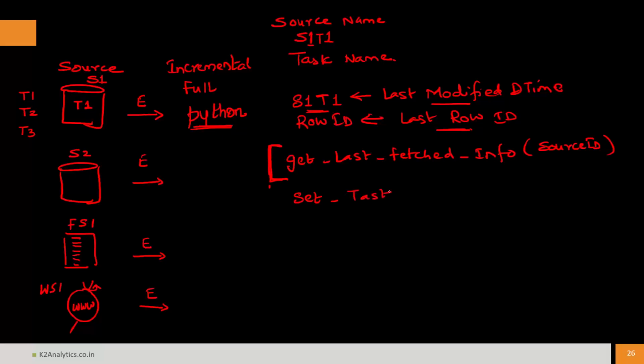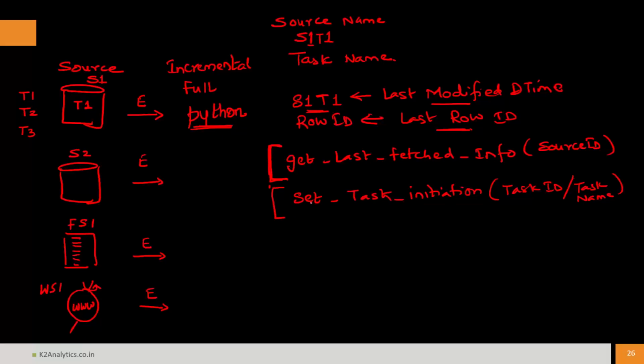You may want to write some function which will take the task ID or the task name, whatever you call it. You will have to write some logic which will set the task initiation in your database.